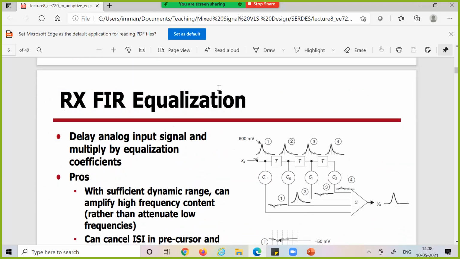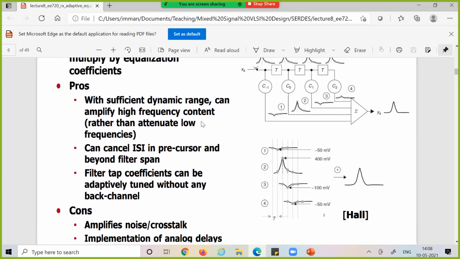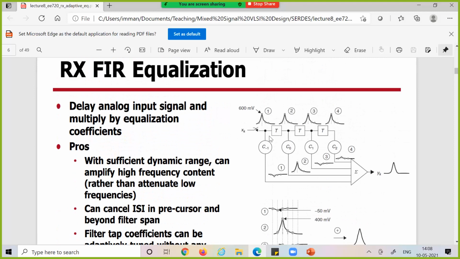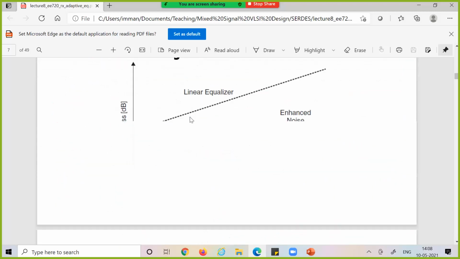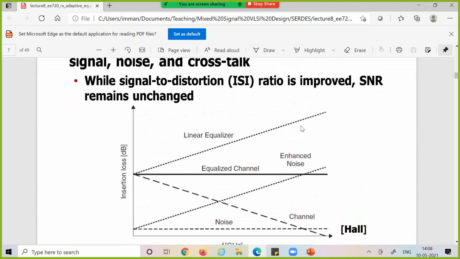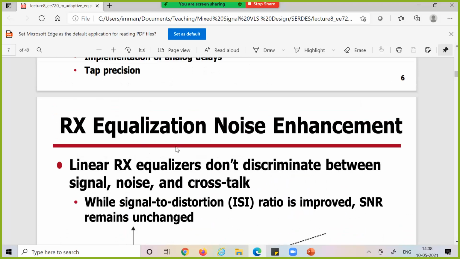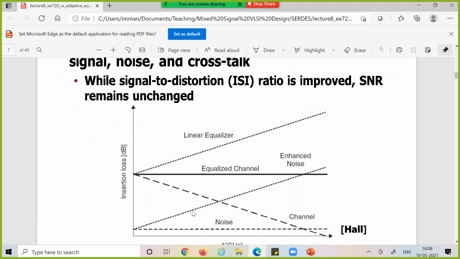And then you have a composite signal response like this. On the Rx side you can have an RxFIR, but the problem is that you have to implement the time delay and all these multiplication coefficients in the analog domain, which becomes very difficult to implement with all the process variation and mismatch that exists, and therefore usually RxFIR is not very used. Okay. Now the problem with these linear equalizers, right? What happens is, let's say this is your channel and this is your noise.